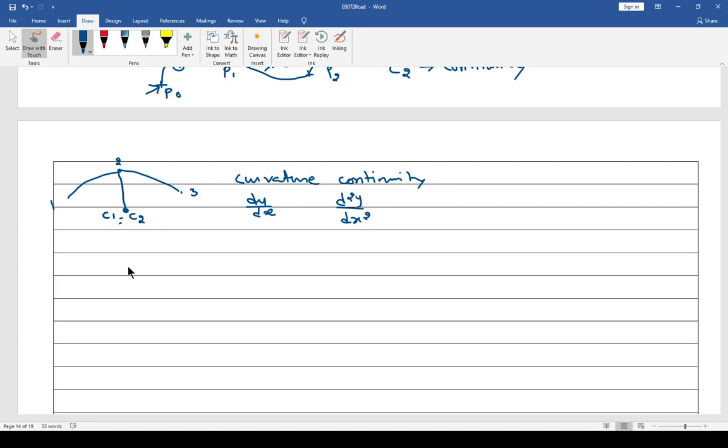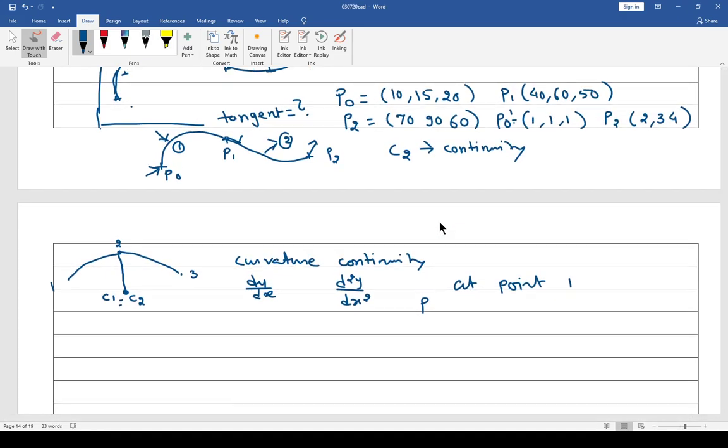So the meaning is that at point 1, P1 dash of curve 0 1 should be equal to P1 dash of curve, not P1 dash, I say P double dash because it is a second order differentiation.